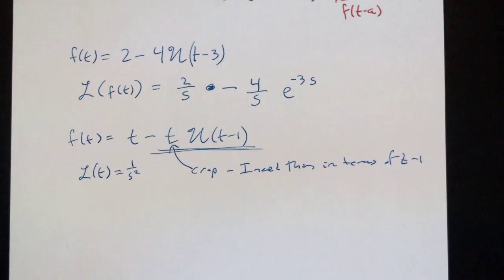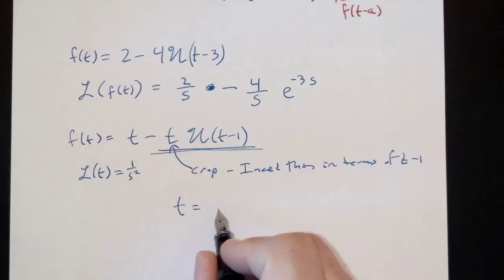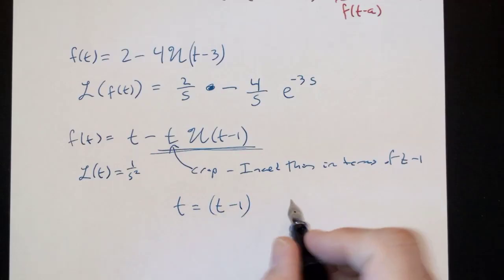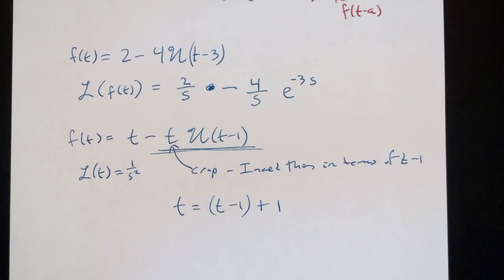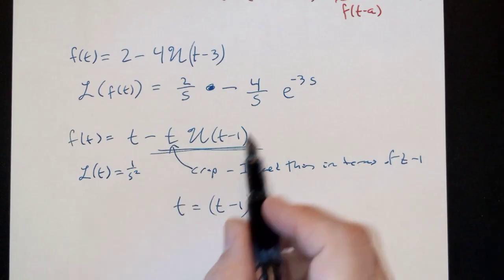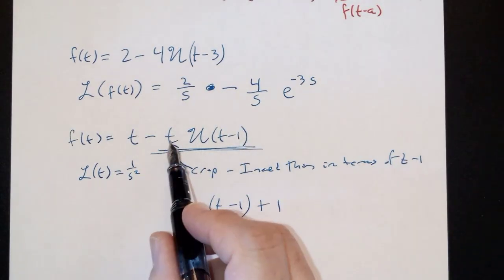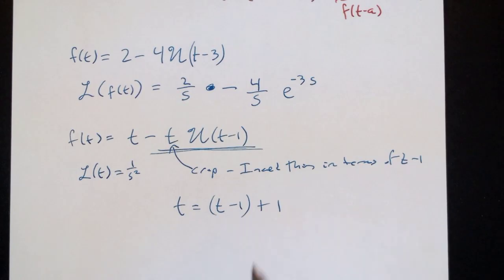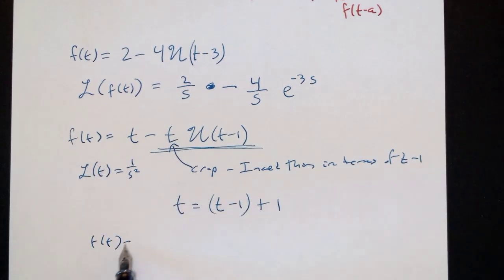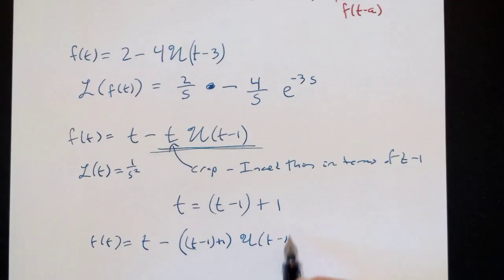Again, let's mess with it. T is the same as t minus 1 plus 1, right? We kept talking about multiplying by 1. This time I'm adding 0. Subtract 1 plus 1, it balances out, right? So I'm going to replace this t with this. So I'm going to rewrite f of t. It's t minus 1 plus 1 times u of t minus 1.